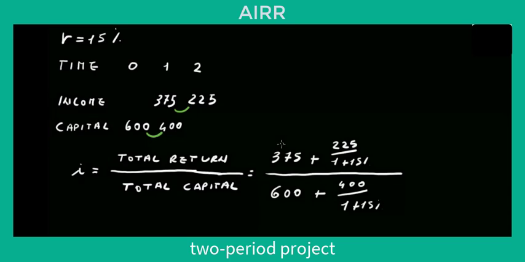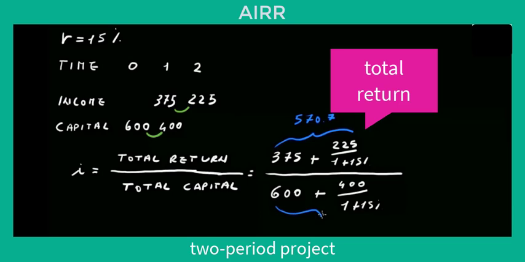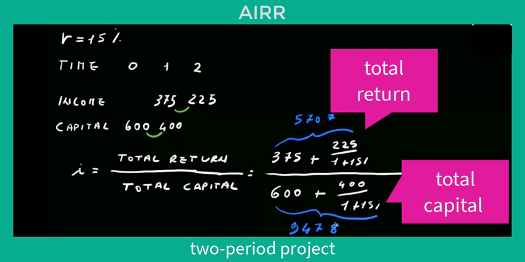So we have a total return which is equal to 570.7, and the capital that generates it is 947.8.